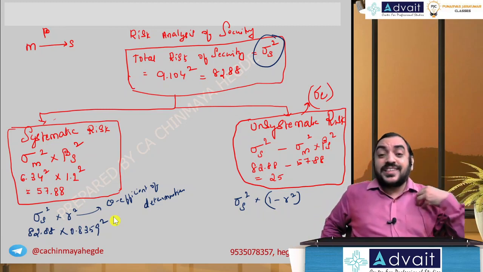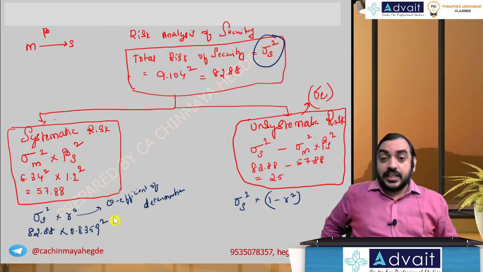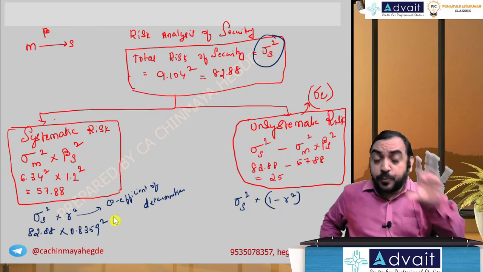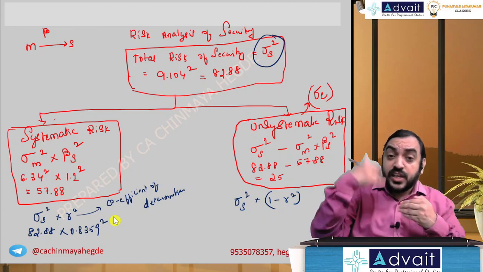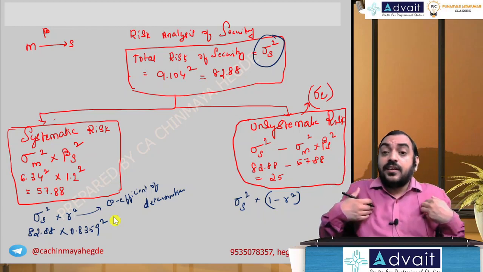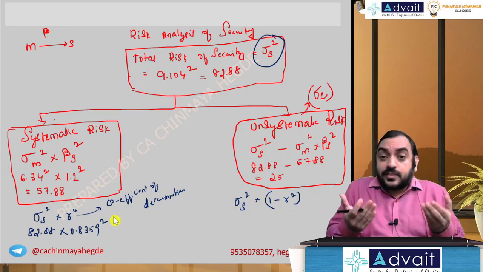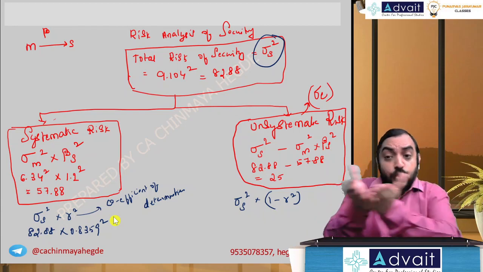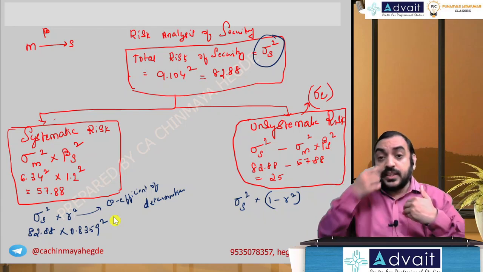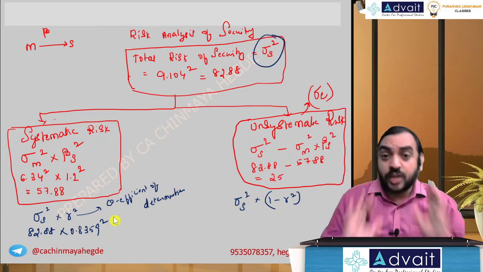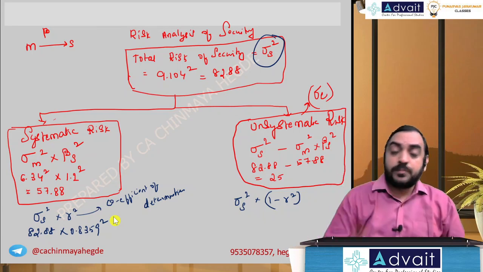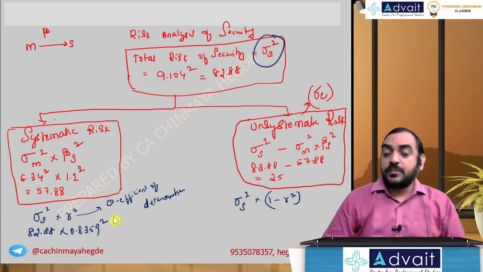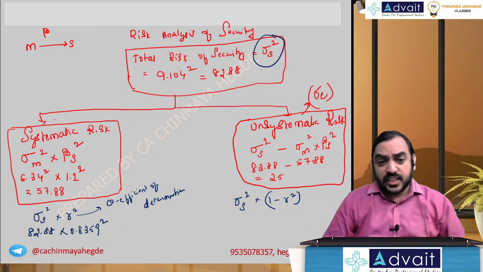My accuracy is 69.87. So out of 82.88 security variance, 69.87 percent I can predict using the market, which means this is what is depending on market, connected with market, estimated using market. That is what is systematic risk.